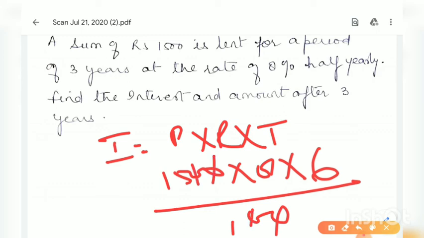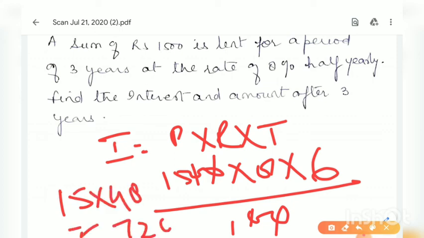We'll simplify it. 15 into 48, which will give you 720. Now this is interest. 720 is the interest for a year, and the question is, you have to find the interest and the amount after 3 years, right?